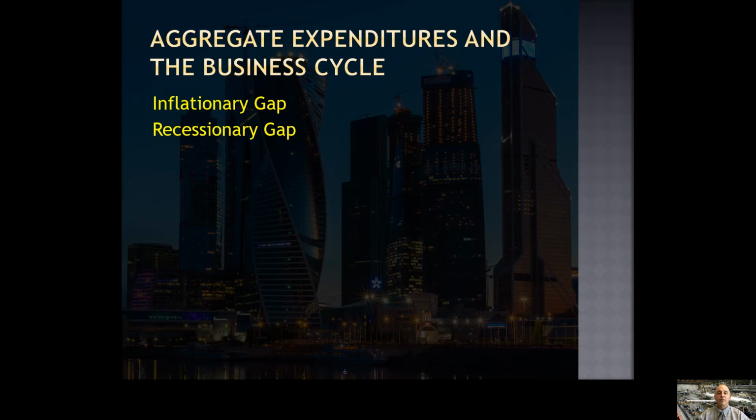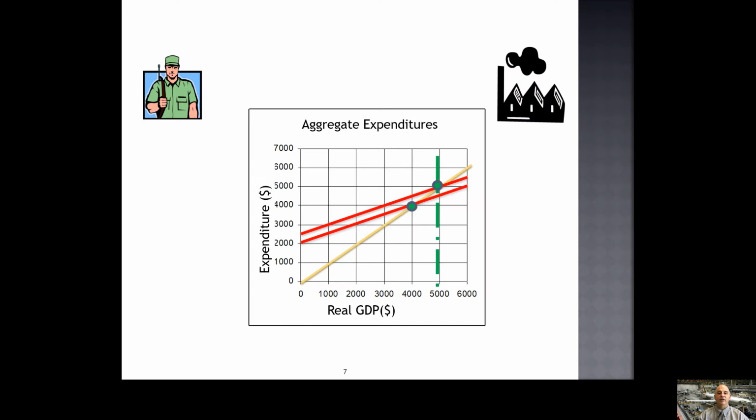And in both of these gaps, we're going to use the idea of a multiplier to figure out how much our spending or government spending or investment or net exports, how much does it have to change in order to actually get us to the full employment level gross domestic product, which is where we would desire to be.